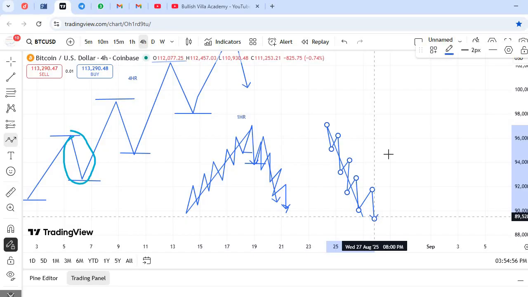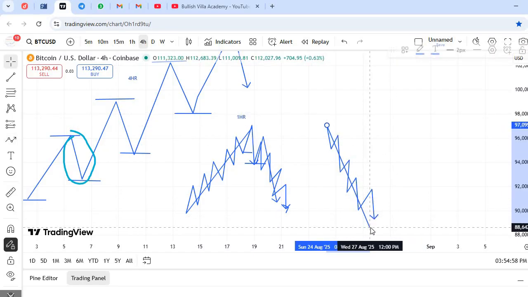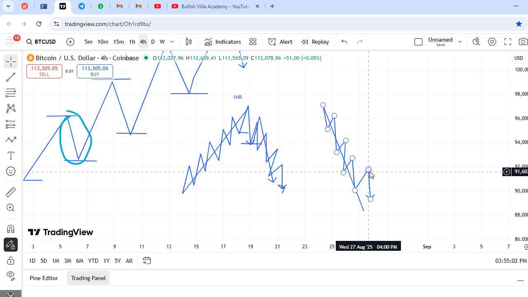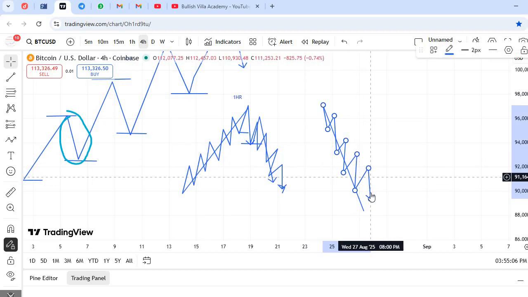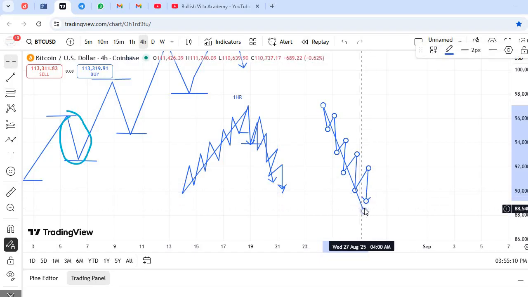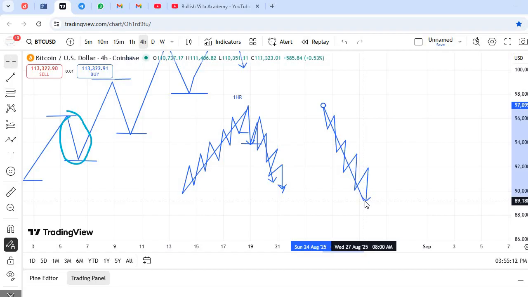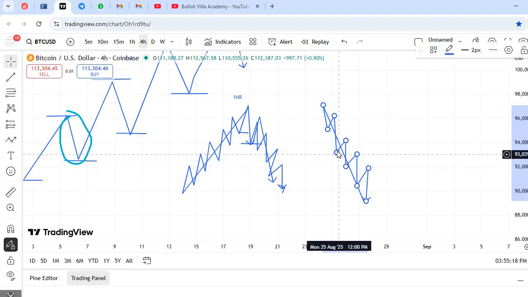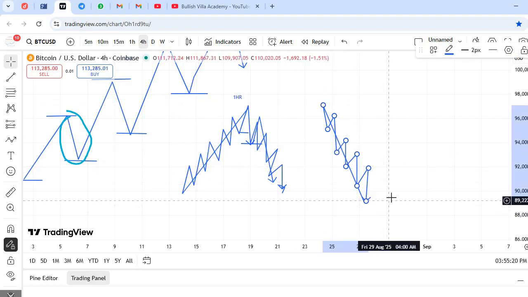This is what we are going to be having for the retracement.